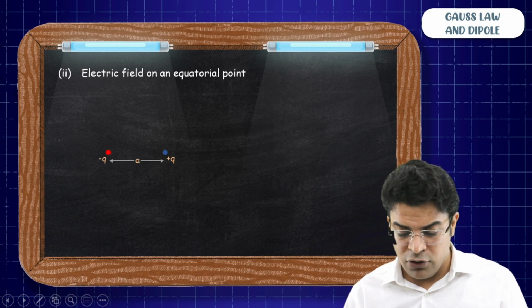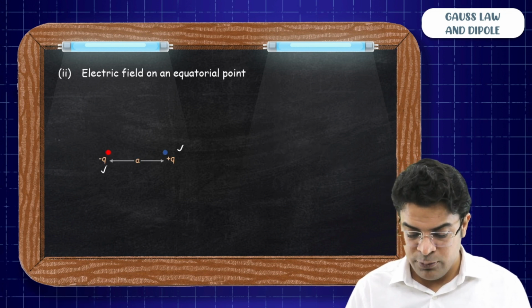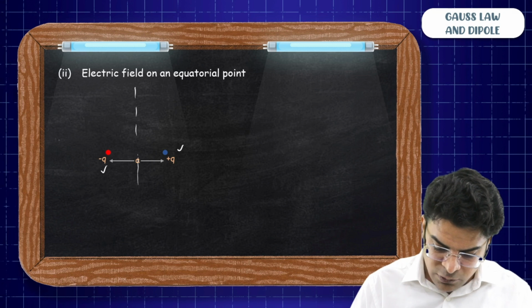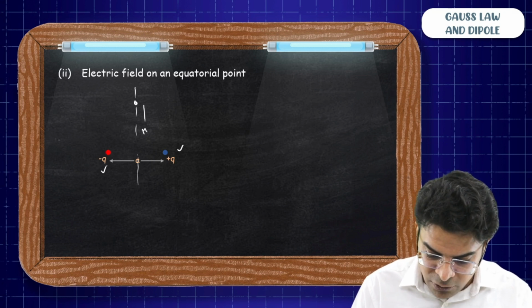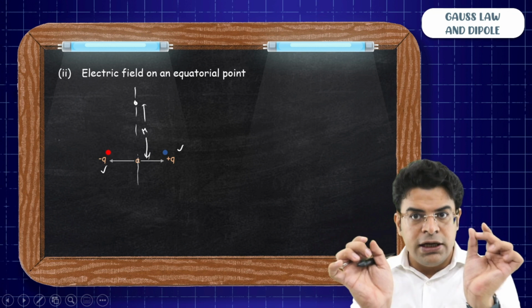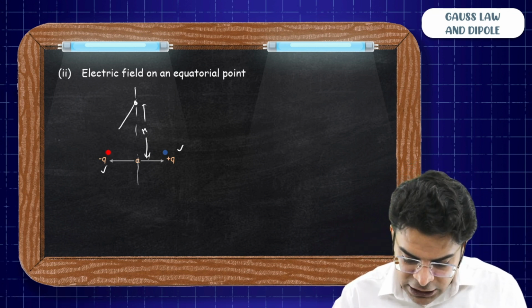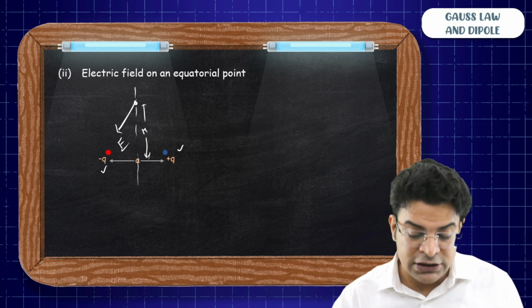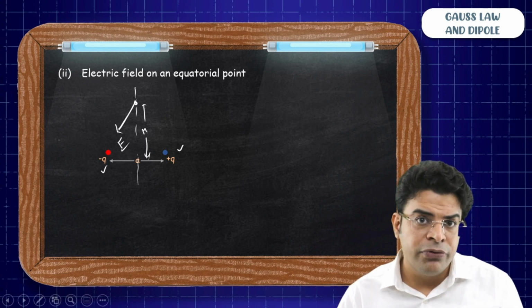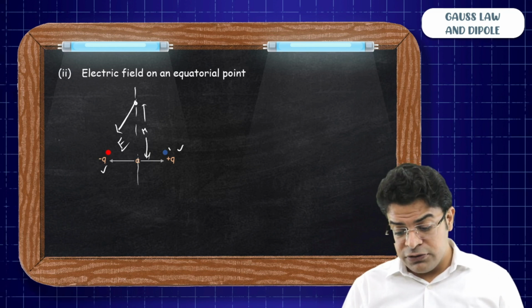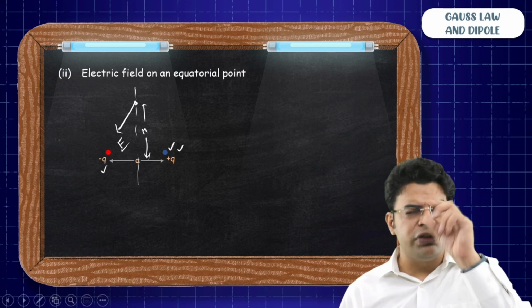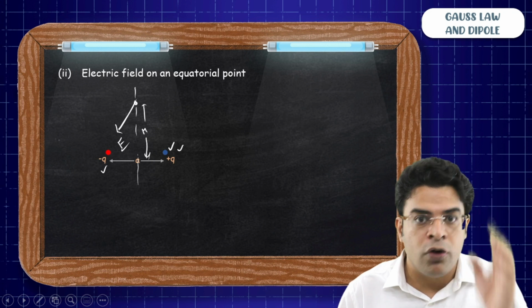So if we have got these two charges, negative and positive, and let's say there is one point here at distance r from the center of dipole, the center of the line joining these two charges, we know that the negative charge will produce an electric field towards itself, let's say of strength E, and the positive charge will produce the electric field of the same strength but away from it.